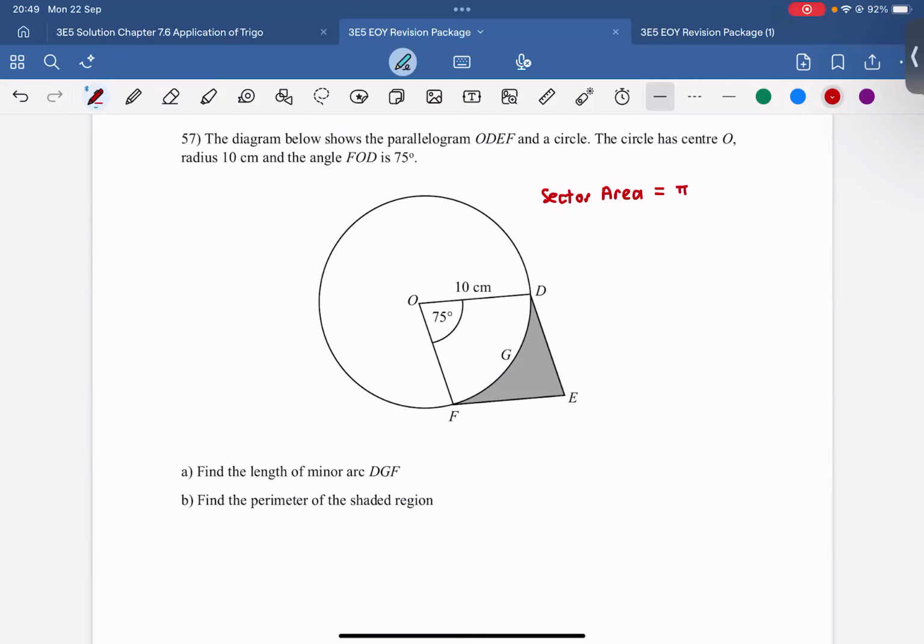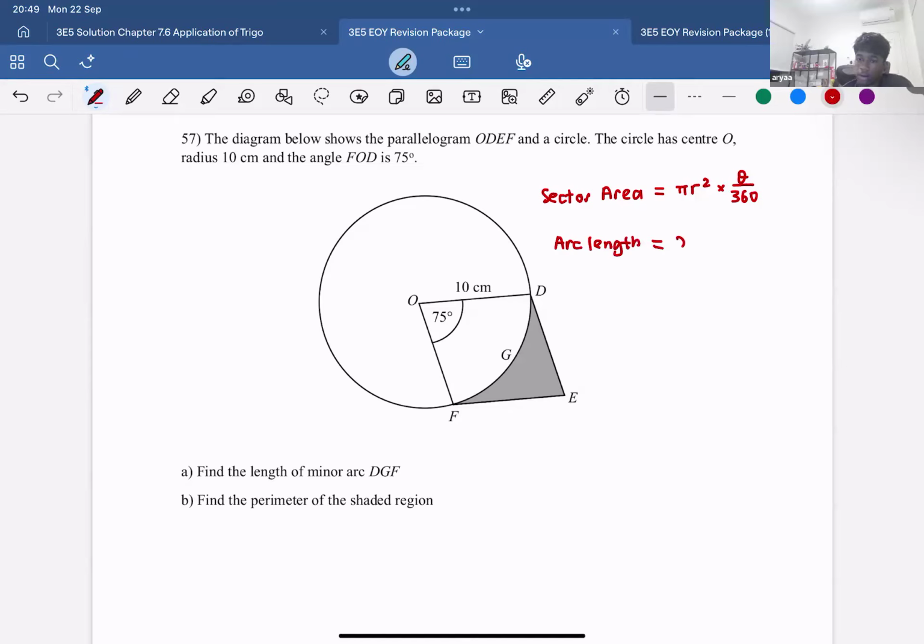So definitely got the area of circle formula, but now you're only taking a fraction of it. Correct? Then after that, arc length. Arc length is part of a circumference, right? So circumference, 2 pi r, times this.